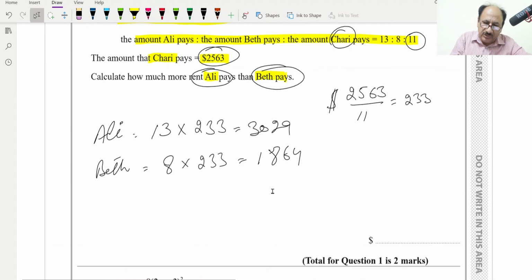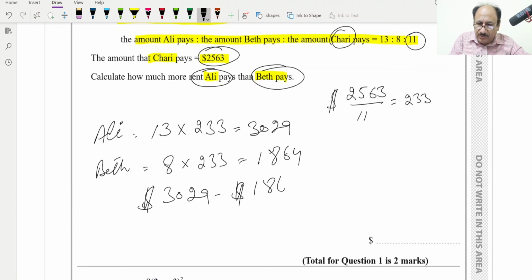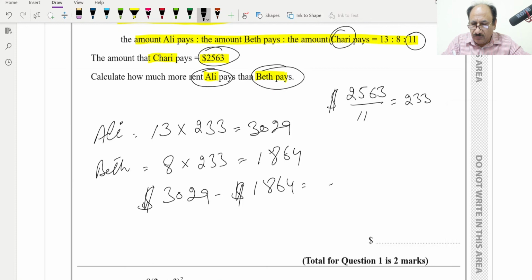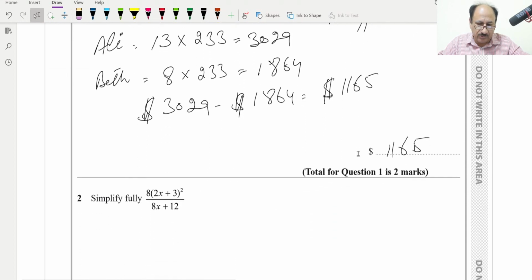So for the difference we calculate 3029 minus 1864, and this will be equal to 1165 dollars. This will be our final answer for this question number 1.